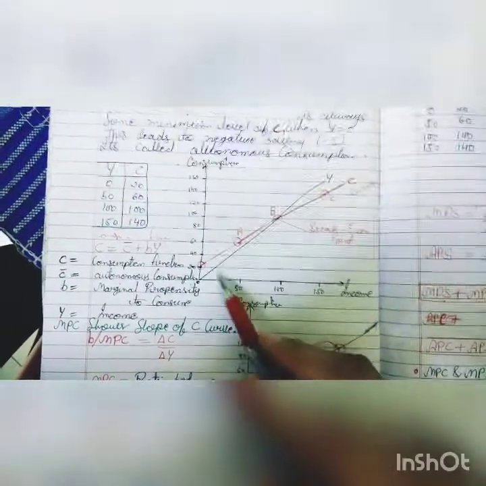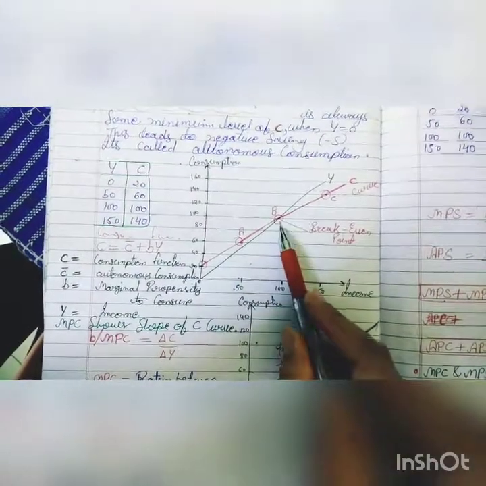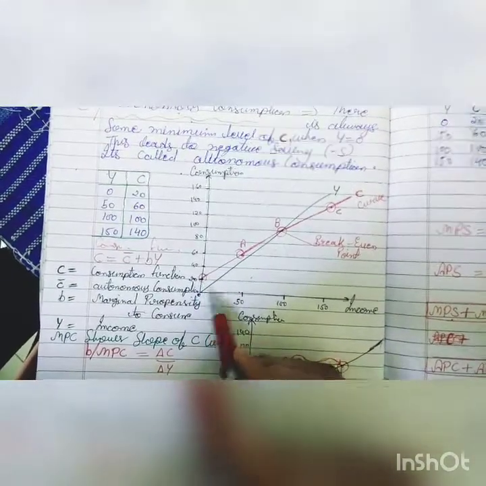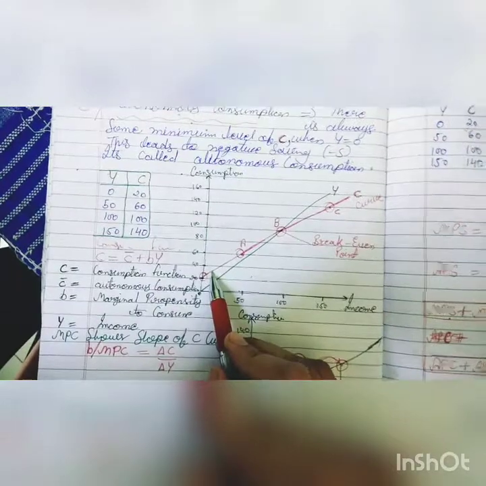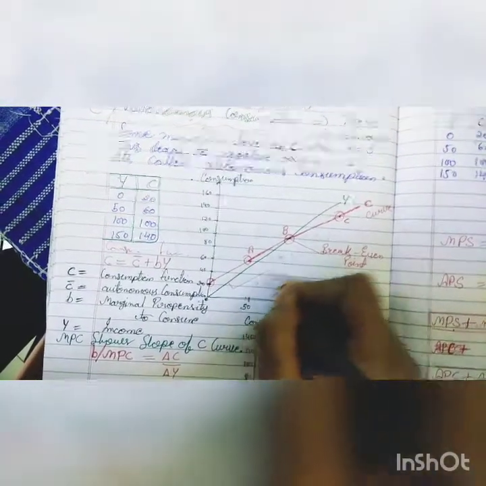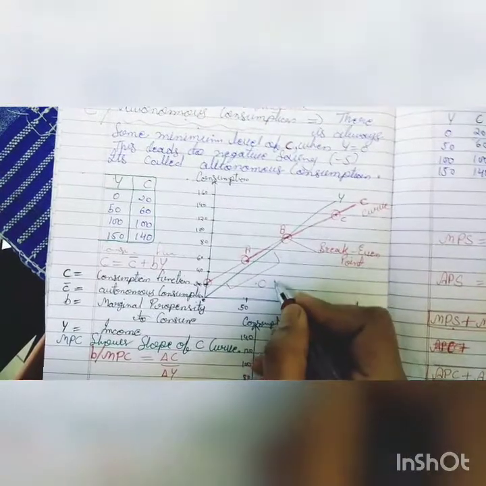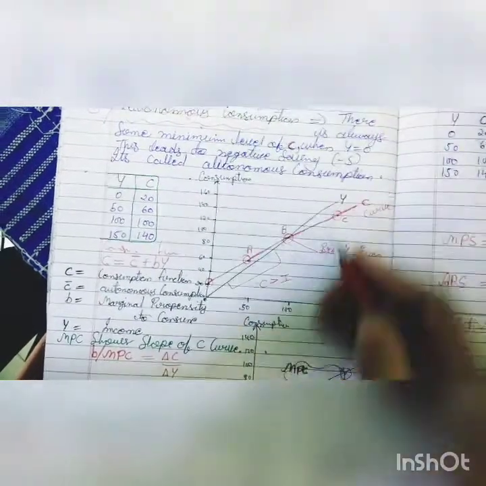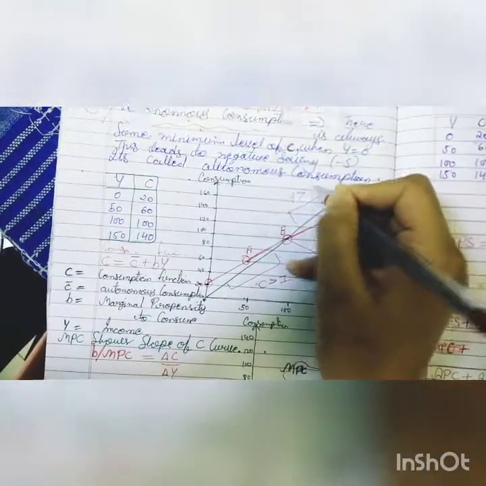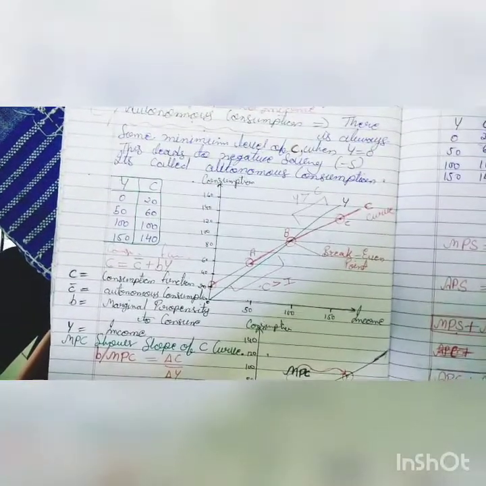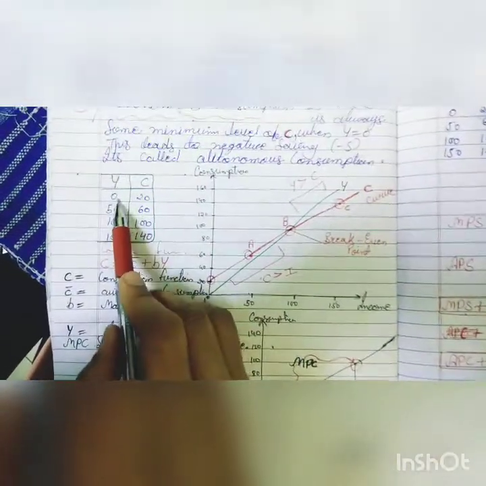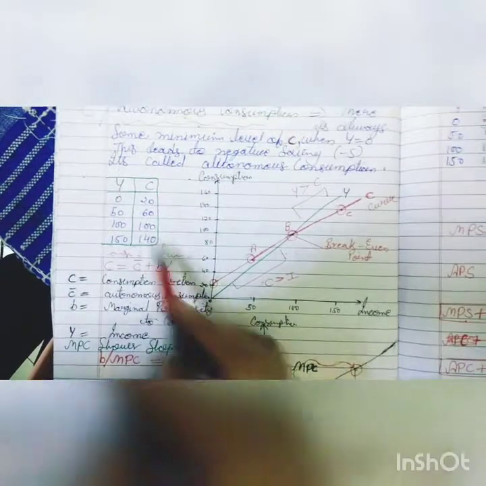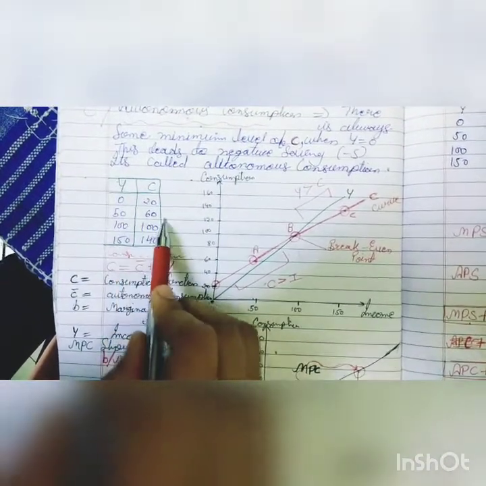Now what is the difference? At the starting point, consumption is greater than income. Zero income but consumption 20; income 50 but consumption 60.